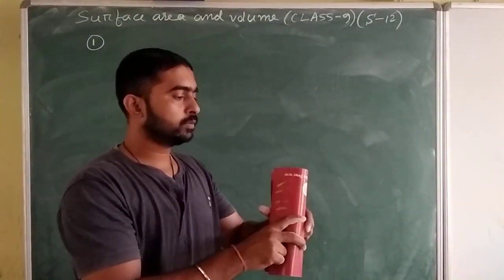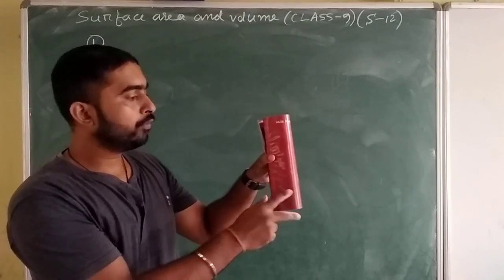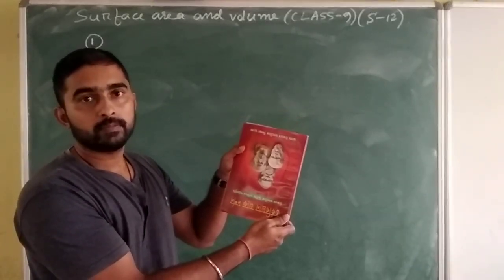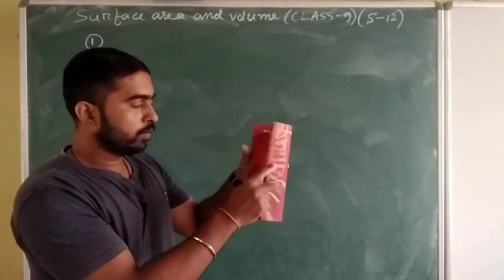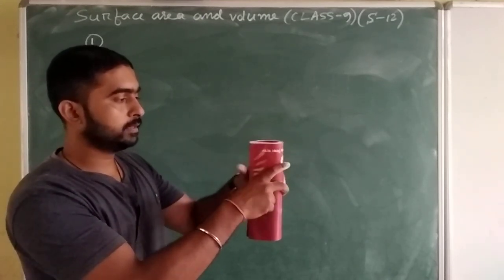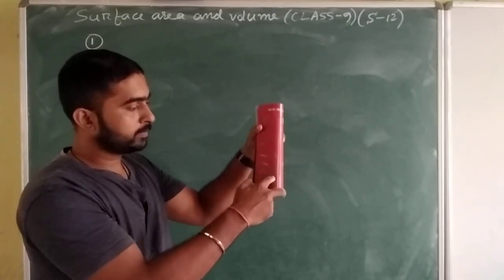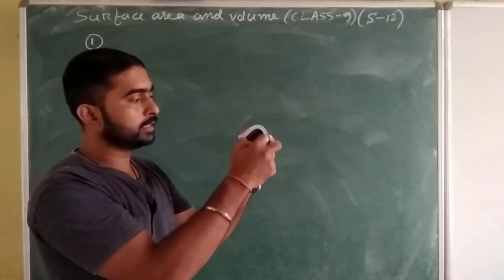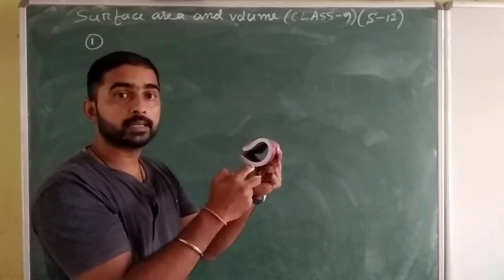If I open this one, then it looks like a rectangle. So what are the sides? This is the height of the cylinder, and each base of the cylinder looks like a circle.